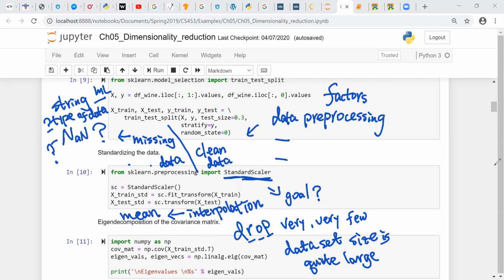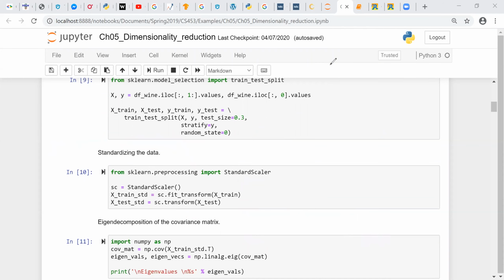But there is another category of data. We call them strings, and generally speaking we call them categorical data.